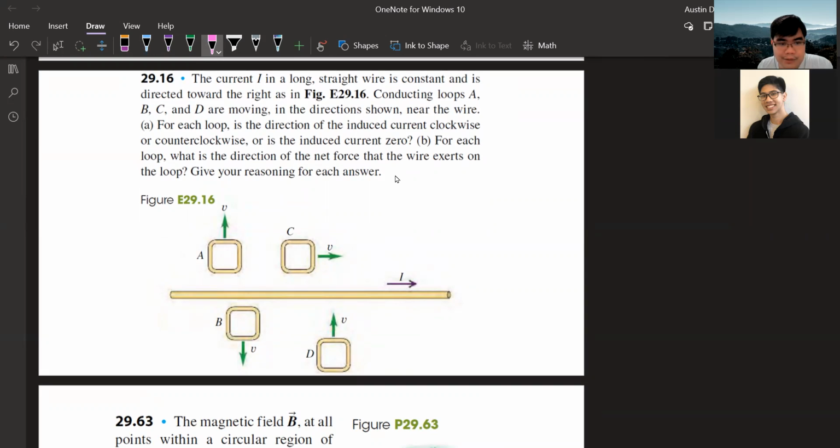So, by the right-hand rule, yung magnetic field dito is out of the page, into the page.